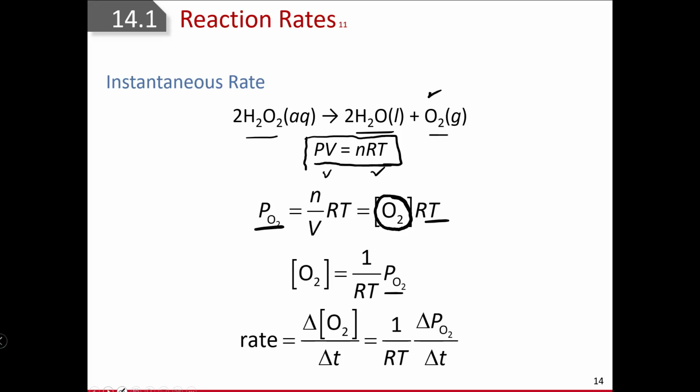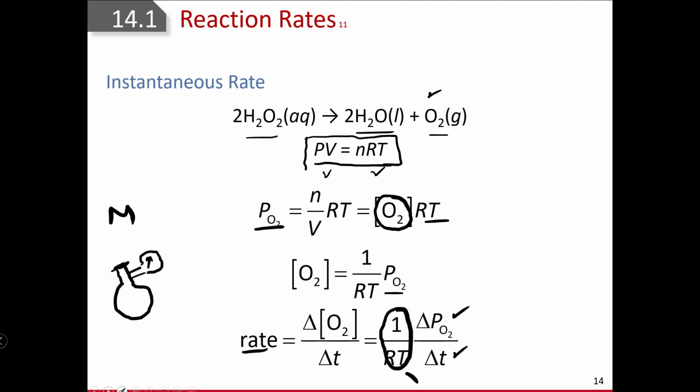Why do I need to know this? Because when we're working with gases, we generally don't measure those in molarity units. We generally have a container, and it's sealed, and then we have a pressure gauge, and that's telling us what the pressure inside the container is. We know the concentration of the gas. And so that's what we're seeing here, is that rate can not only be written as change in concentration over change in time, it can be written as change in pressure over change in time with this correction factor.